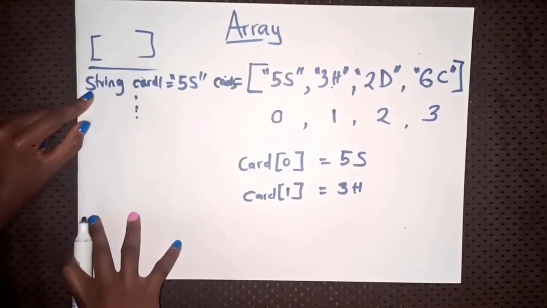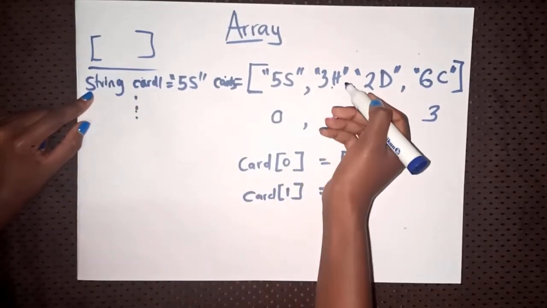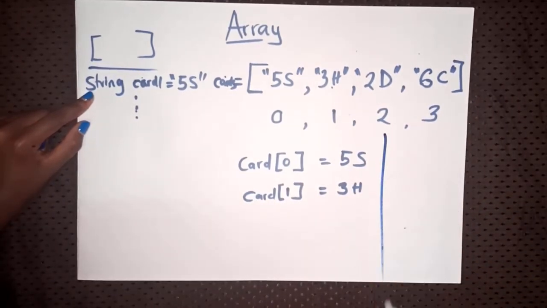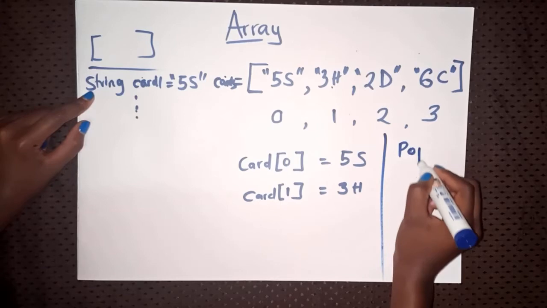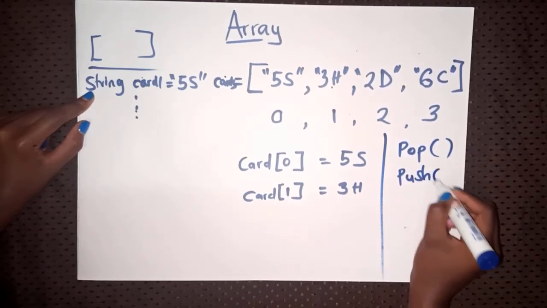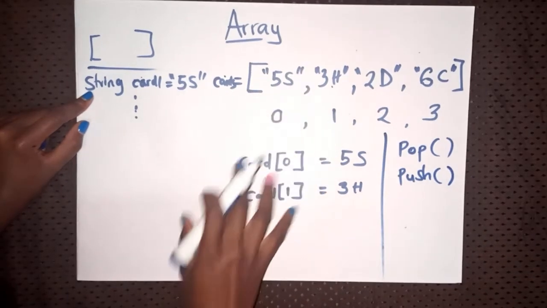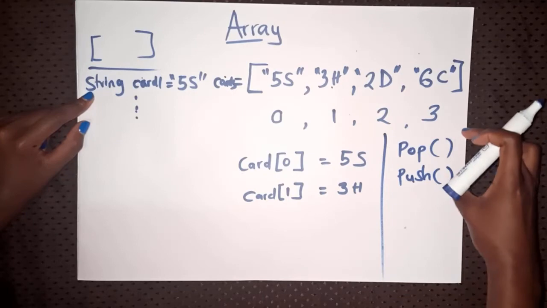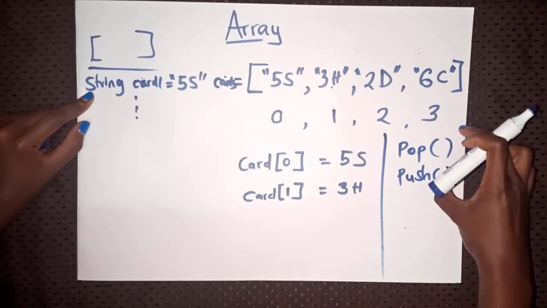It will be harder and much more complicated. Unlike here where we just have commands made for such situations. For example, we have pop and push. These are functions that add values to the array and remove values from the array. So you can do it dynamically and easily.